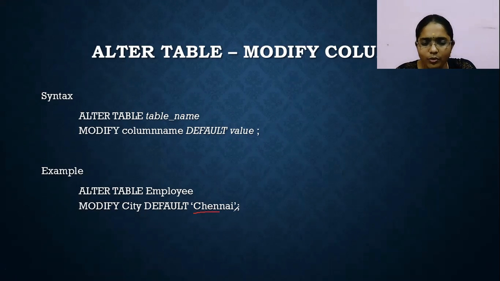So from the table employee, there is one column called city. If at all the city value is not entered by the user, it is going to be set to the default value Chennai. I guess everyone has experience of it. When you are filling in some form, if some column is left out, what happens? A default value will be sitting in that particular place. This is nothing but setting the default value for the particular column. So this is what I am doing.